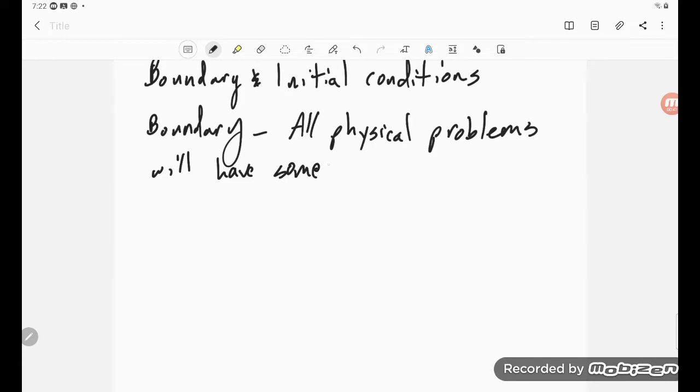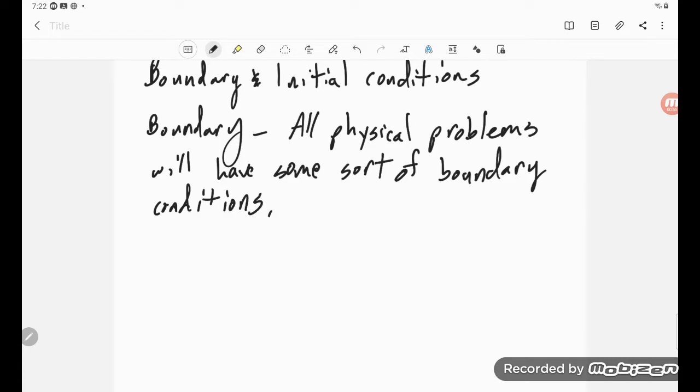sort of boundary conditions. Now, they can vary quite a bit, and some can be very complex, but nonetheless, they will all have such a thing if we're trying to model something.